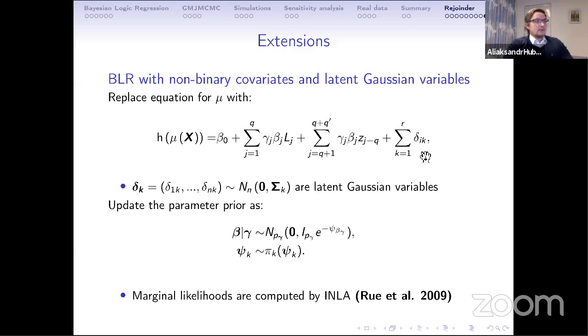Here, one has to update the parameter priors to make them compatible with the integrated nested Laplace approximations. And here, obviously, the marginal likelihoods are computed efficiently by the INLA approach and would be exact for Gaussian models with Gaussian observations, and otherwise will only be approximate.